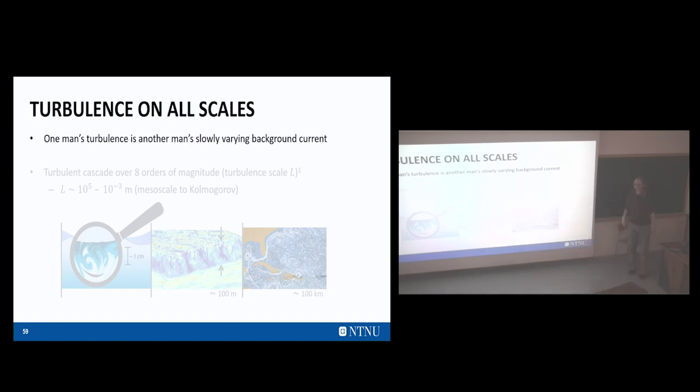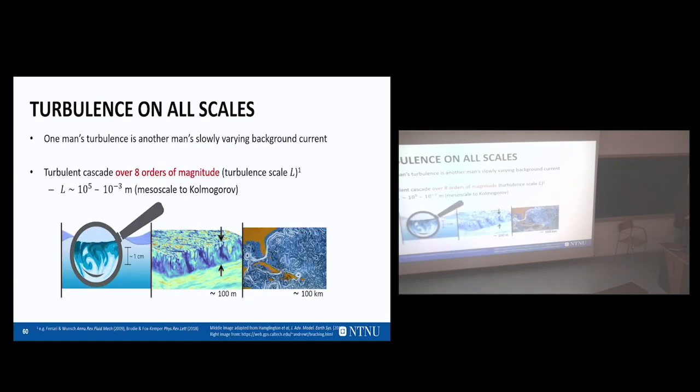So the mesoscale and sub-mesoscale turbulence for me is pretty slowly varying, but the turbulent cascade in the ocean varies over 8 orders of magnitude, from 100 kilometers to a centimeter or less. And there's a turbulent cascade, presumably continuous along all these scales. And this is where the turbulent dissipation happens.